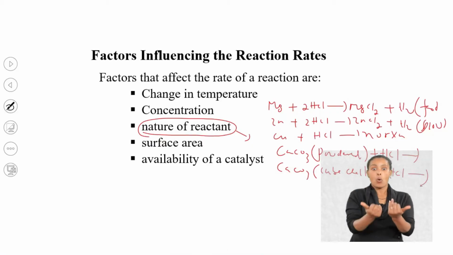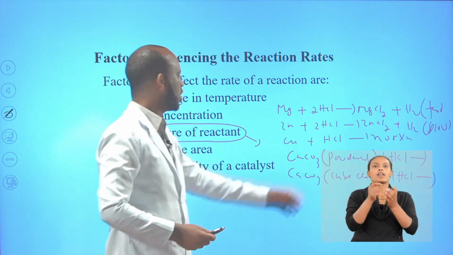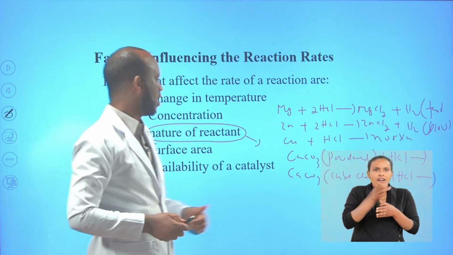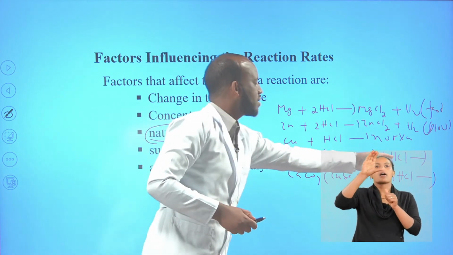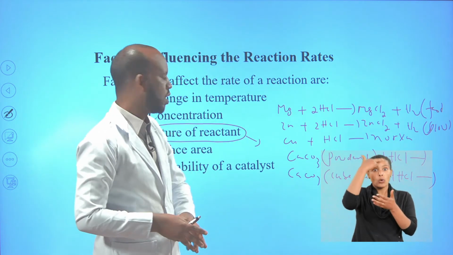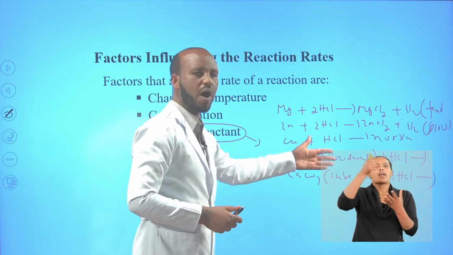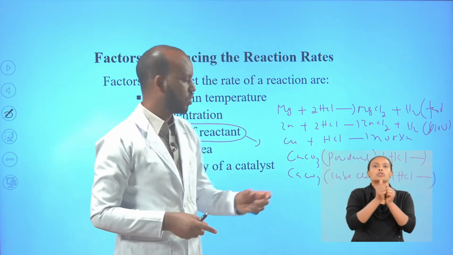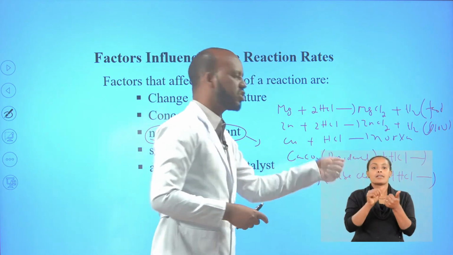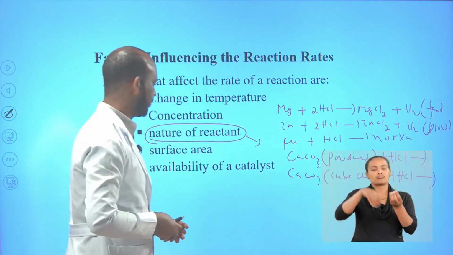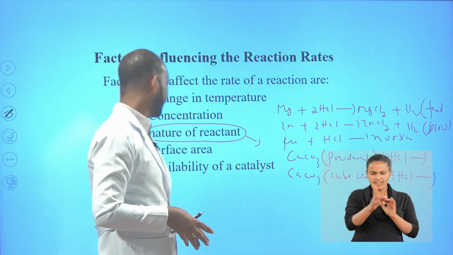Now compare rate of the reaction for these two reactions. Which is faster? Powdered calcium carbonate plus hydrochloric acid is the fast reaction because more powdered calcium carbonate can contact hydrochloric acid. As surface area of reacting particle increases, rate of the reaction also increases. It is a faster reaction than this.